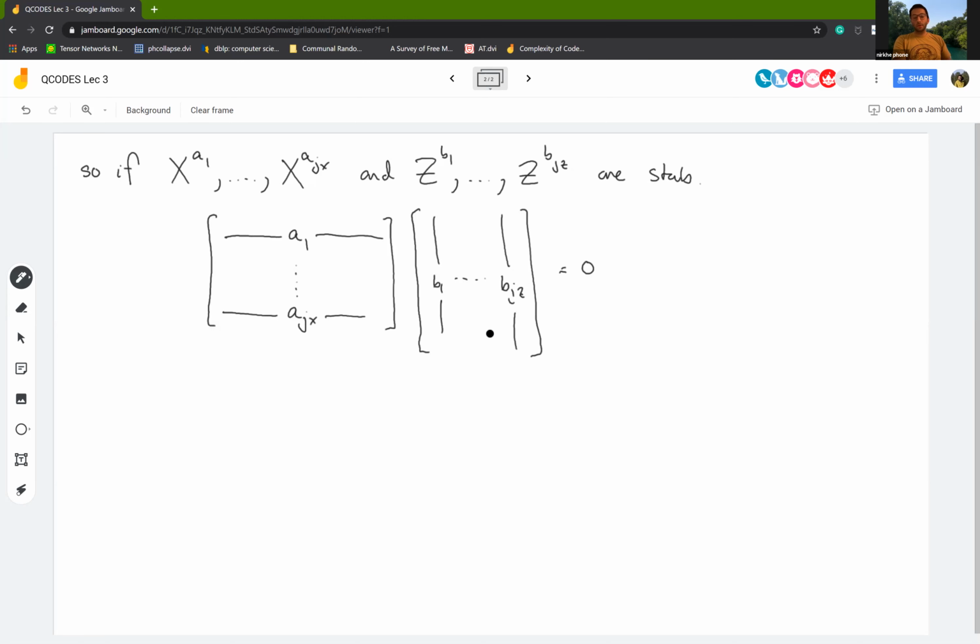This is a necessary condition if we are to talk about these stabilizers in the first place. Is that so far so good? So, right, because you need the inner product between any vector ai and any vector bj to be 0, so that's exactly what the entire matrix product checks.